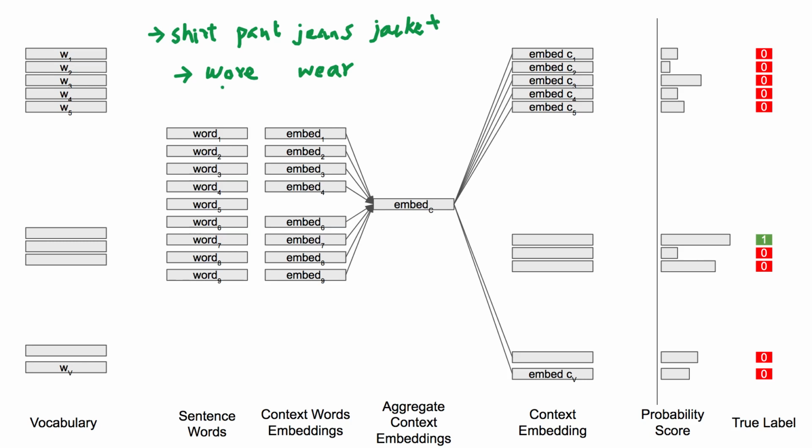So if you're trying to predict the context of wear, for example, if wear is the word 5 here, you go all the way up to the context representation of wear, and you update the context embedding, but you also update the individual vectors, the contextual vectors of the word wear.